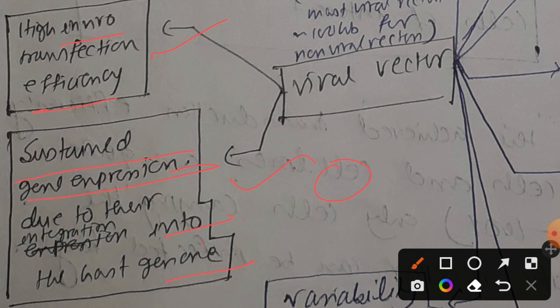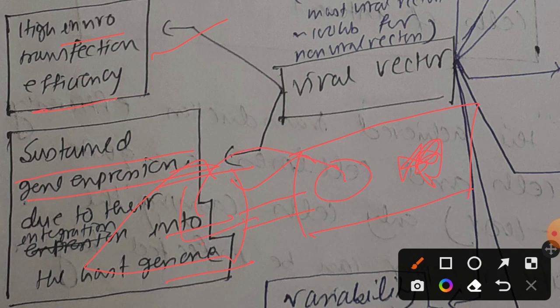As a result, it facilitates sustained gene expression that you cannot get when you are using a plasmid as a vector and E. coli as a host. It will not integrate inside the bacterial genome; it will remain as a plasmid. So when conjugation happens by chance with another plasmid or another bacterium, your gene of interest may be transferred to that one.